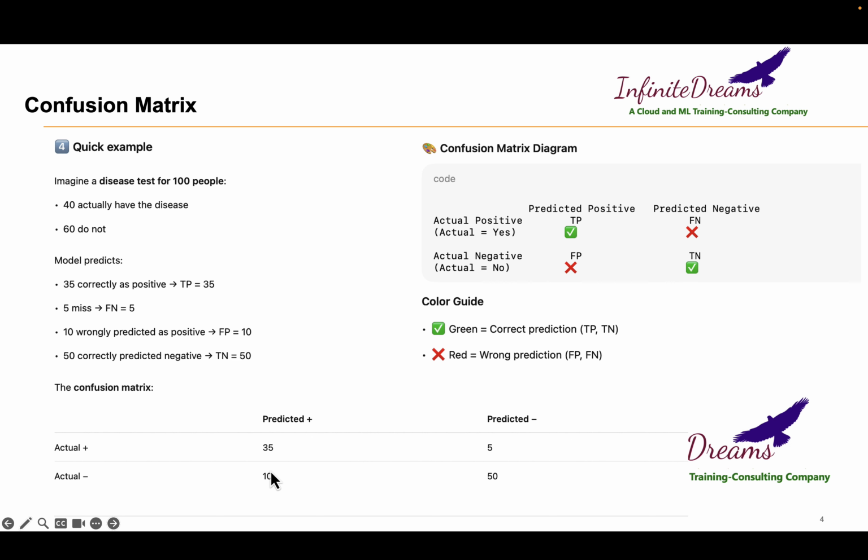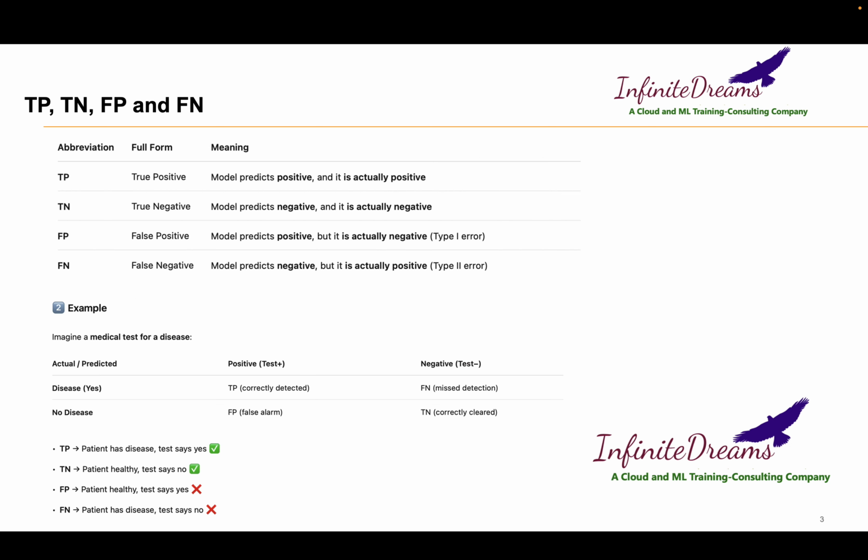Hope this confusion matrix is very clear to you. This row is the actual data row which is positive, this row is the actual data row which is negative, this column is where the model predicted positively, this column where the model predicted negatively.